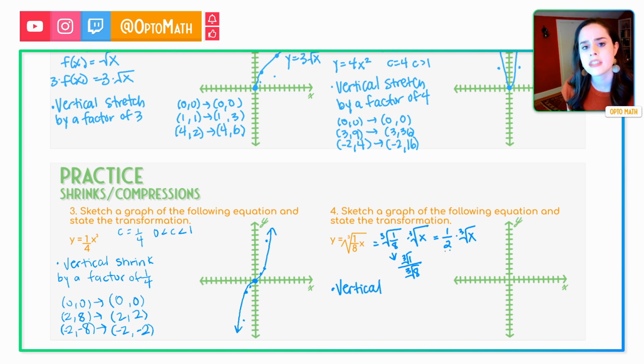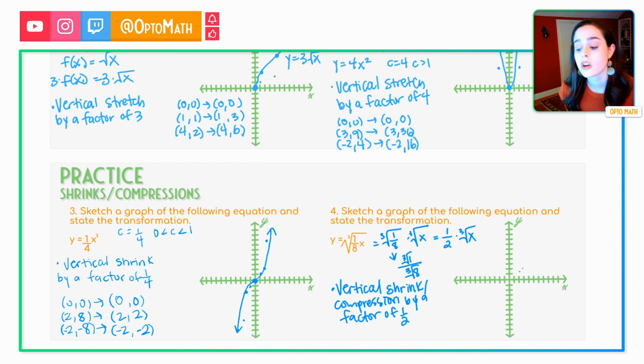And 1/2 is between 0 and 1, so it's going to be a shrink slash compression, and that's by a factor of 1/2.